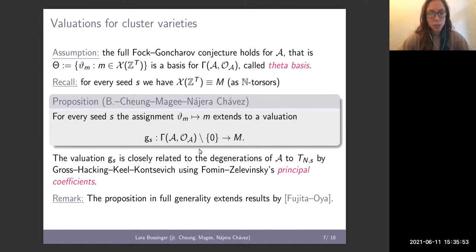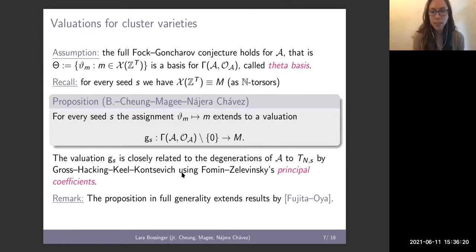However, this proposition that I'm stating here is a very small example of it. It extends also to the dual setting for X varieties under certain assumptions. And it will boil down to compactifications as well, as we will see in a bit. Moreover, this construction is closely related to the toric degenerations of Gross, Hacking, Keel, Kontsevich that I mentioned in the motivation slide.